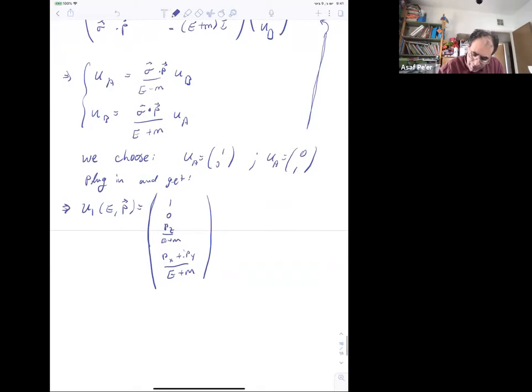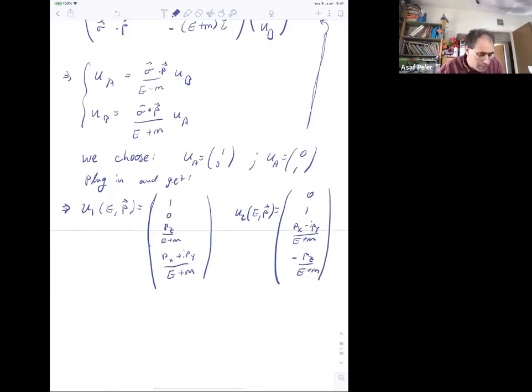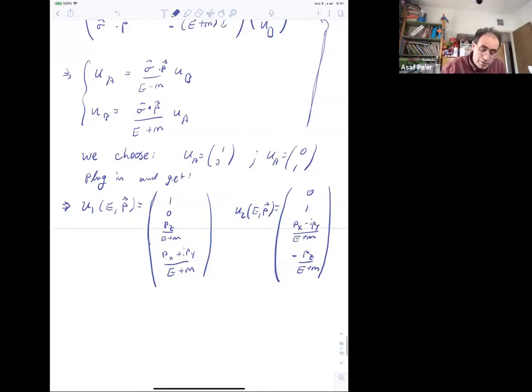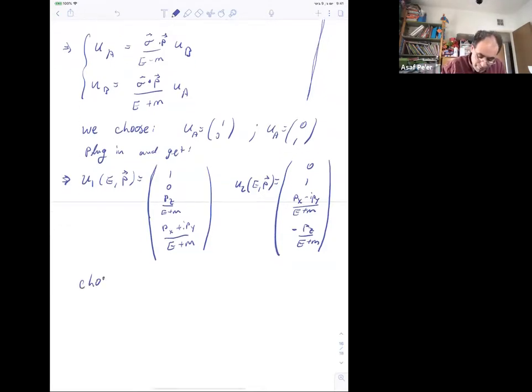The second solution, U2 of E and P, is (0, 1), and then Px minus iPy divided by E plus M and minus Pz divided by E plus M. So these are the 2 solutions, orthogonal for UA. Now I can choose, again, 2 solutions for UB: UB is (1, 0) and UB is (0, 1).